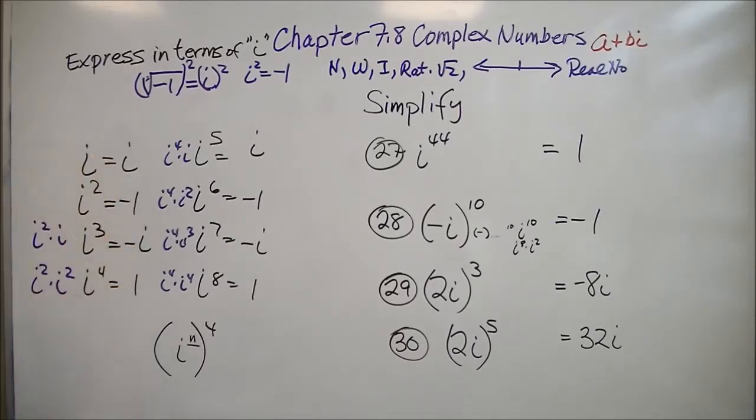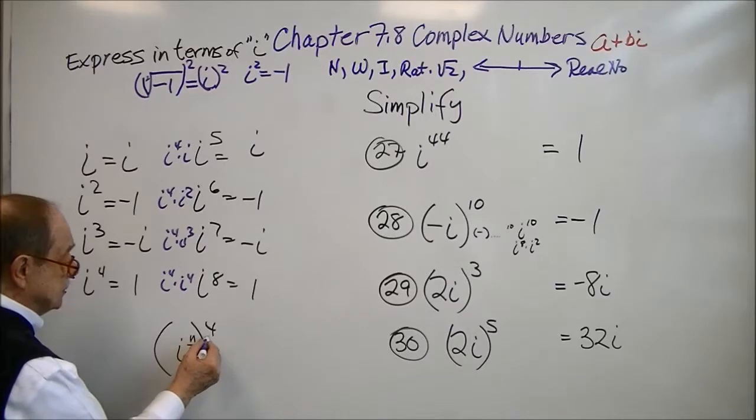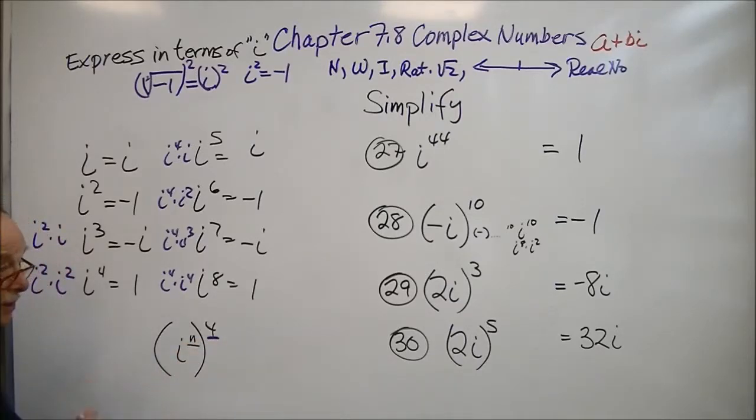It makes a pattern that every time you get to the fourth power of something, it's going to be a 1, fourth power of i. So that may have to sink in a little bit, but basically that's it.